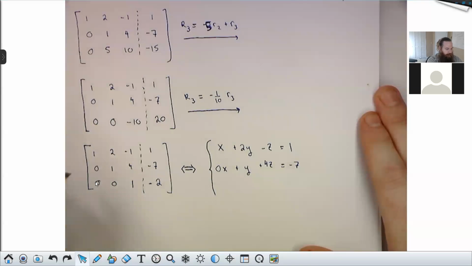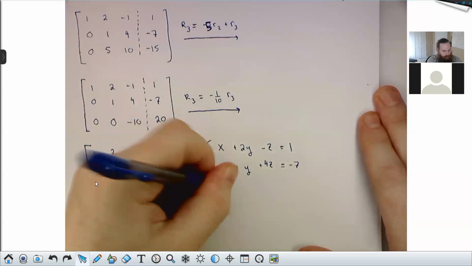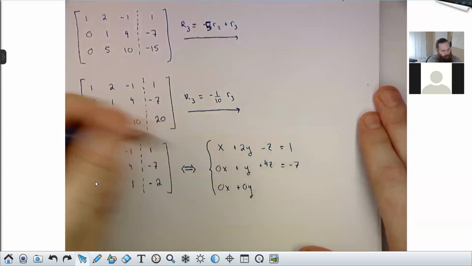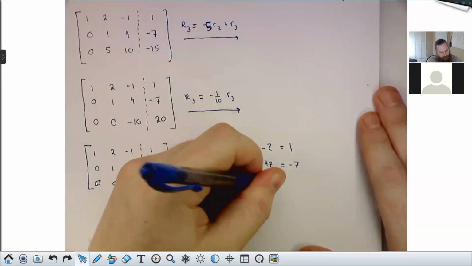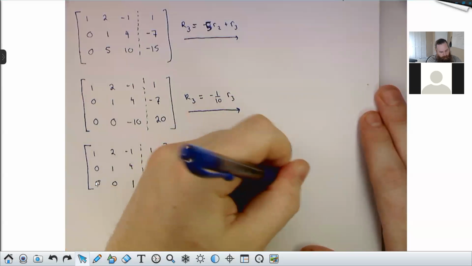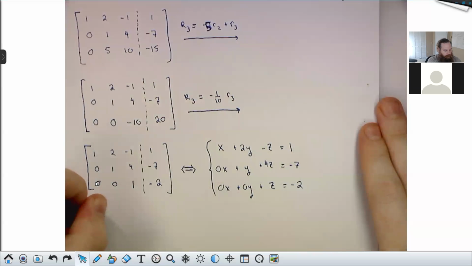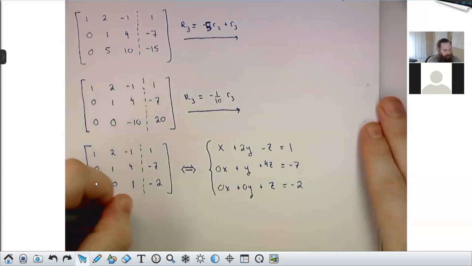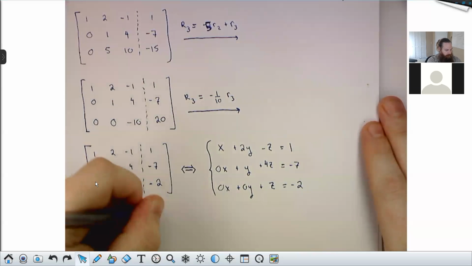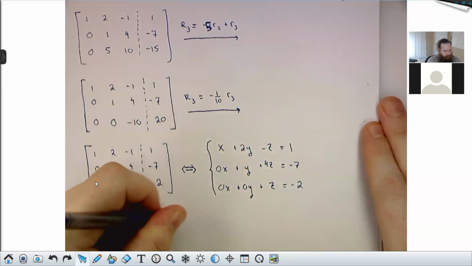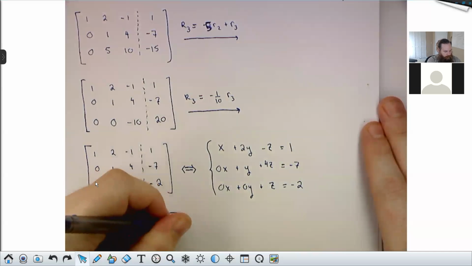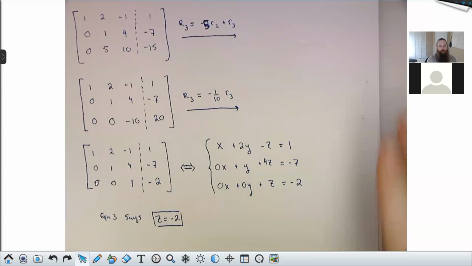And this last row, this is the money, 0x plus 0y plus z equals -2. What is so dope about this? Equation 3 says just z equals -2. So there's the z part of your solution.